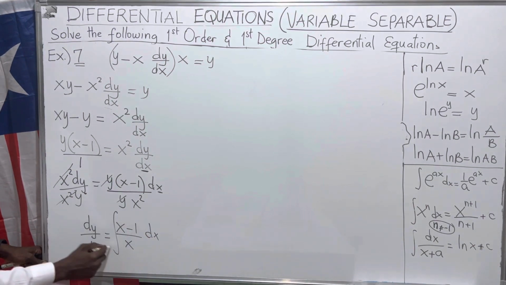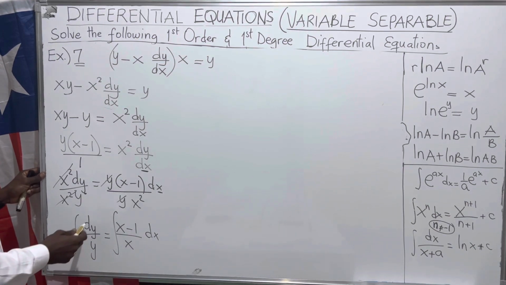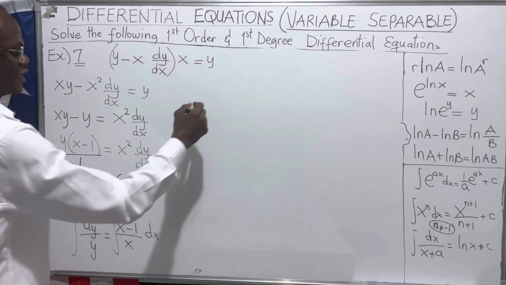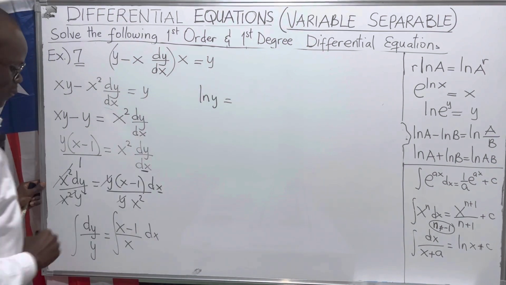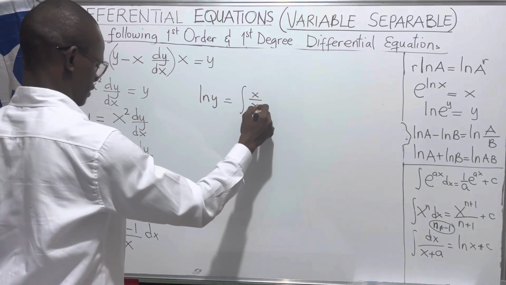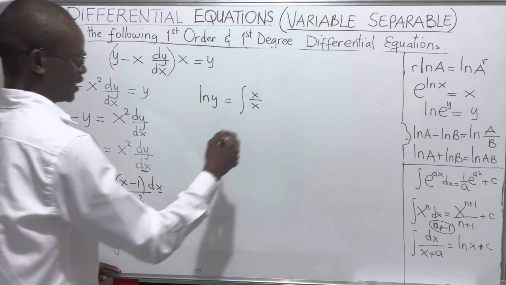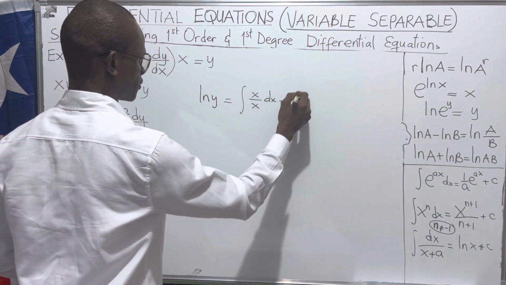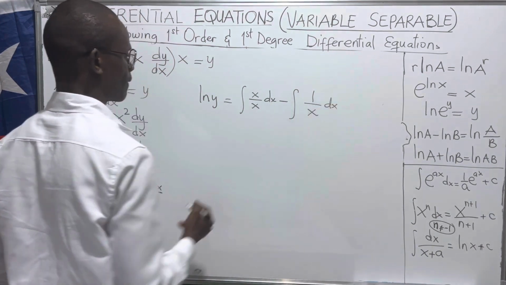So we can now integrate both sides, since the variables have been separated. The integral of dy over y is just ln of y. And for this one, we can separate them: x over x squared, and then minus the integral of 1 over x squared dx.